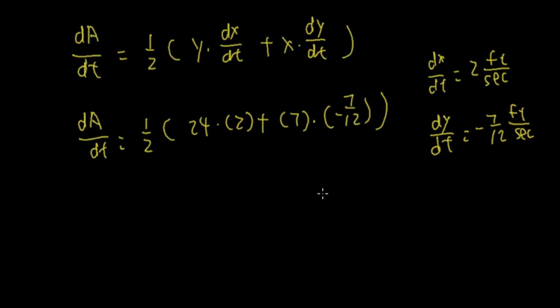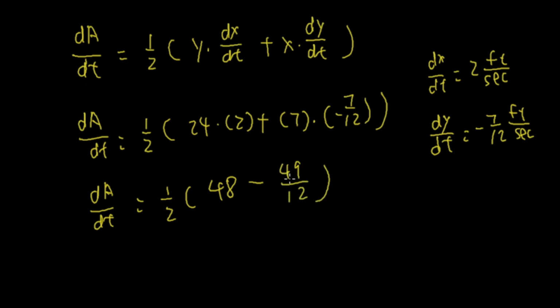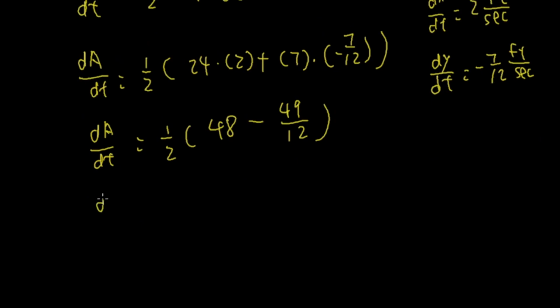Okay, now let's just calculate it. 1/2 times this is 48 plus, since this is a negative, plus and negative is negative, minus 7 times 7 is 49 over 12. Now let's just keep the fraction to be exact.